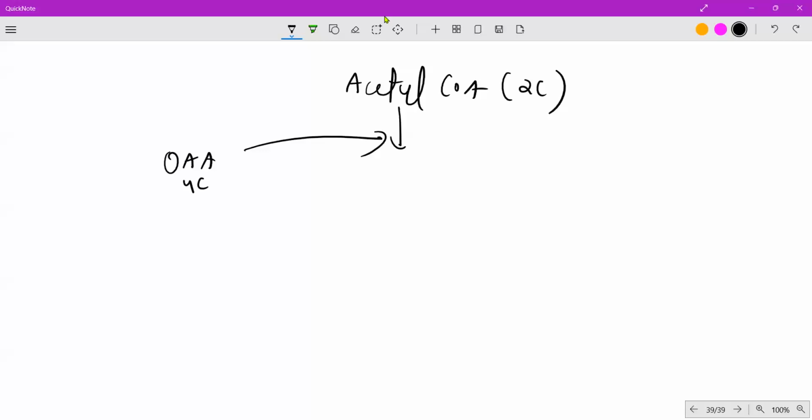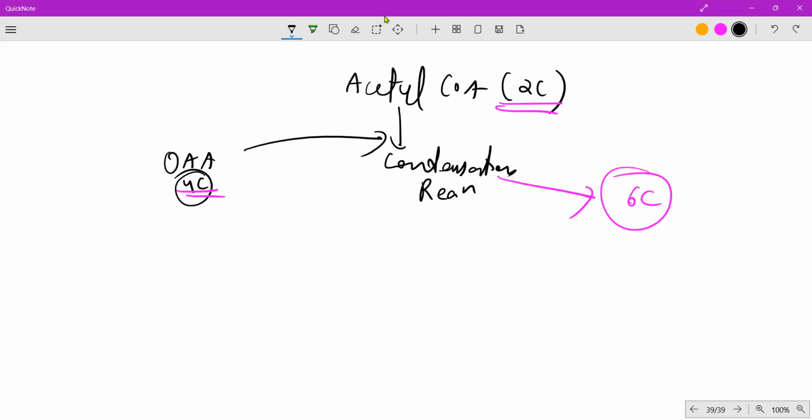This is a 4 carbon compound. यहाँ पे condensation हो गया. We have a condensation reaction. 2 carbon, 4 carbon. What do we get? We get a 6 carbon compound. This is roughly what is citrate. सब में रट्टा लगाया है. This is how we get citrate.